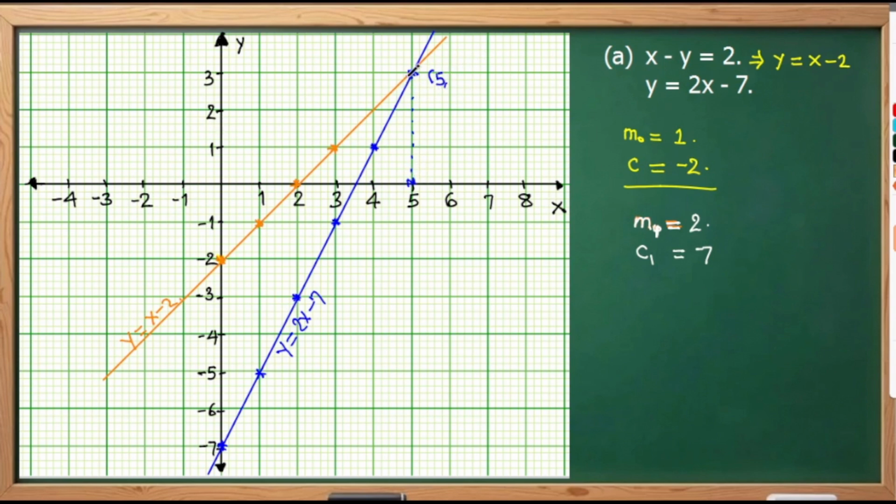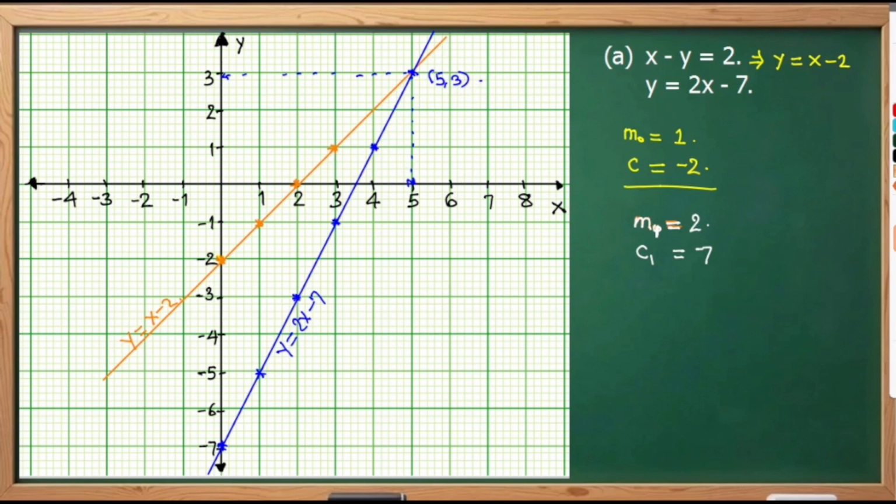Then along the y-axis, we can see that it is on this line, and this line has a point of 3. So the point here is 5 and 3.